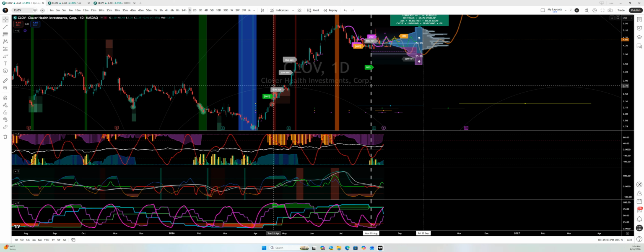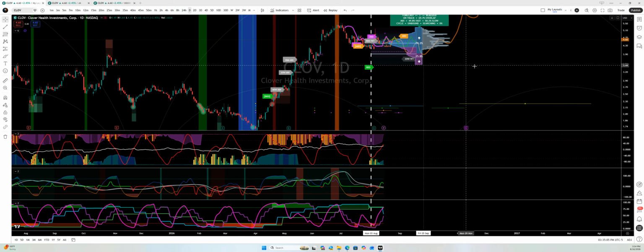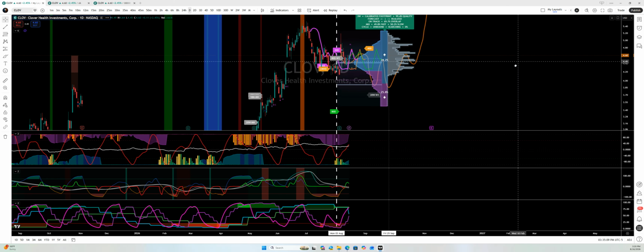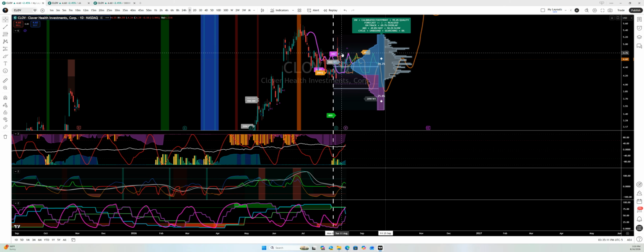So yeah, this is a little bit older. It's suggesting that we would oscillate between here, which is at like $4.75 to $4.25.